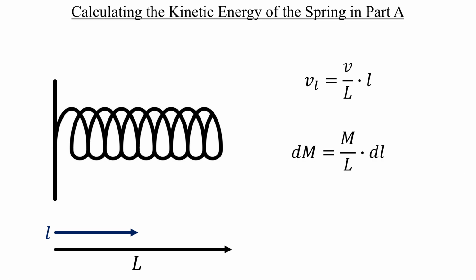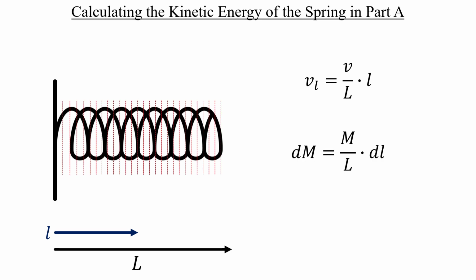Let's get a visual of what these mean as well. If I break the mass of the spring up into tiny even chunks like this, then dm is going to represent the mass of one of those chunks, like this one. And dl is just the length of that tiny little chunk.